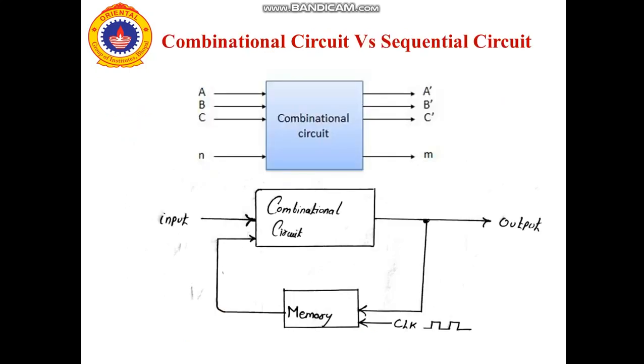Here you can see the combinational circuit versus sequential circuit. The difference is very clear: in case of a combinational circuit, the memory element is not present.